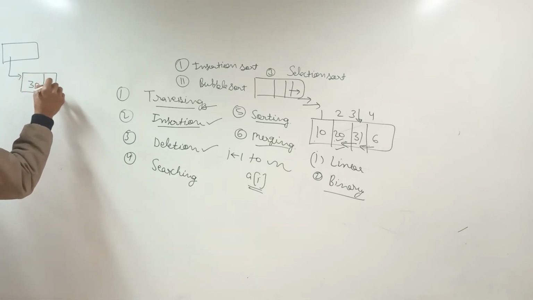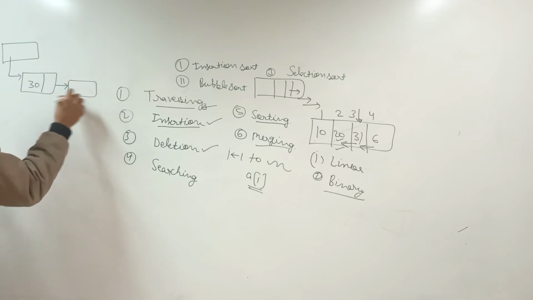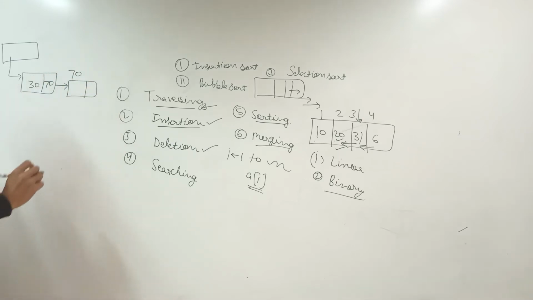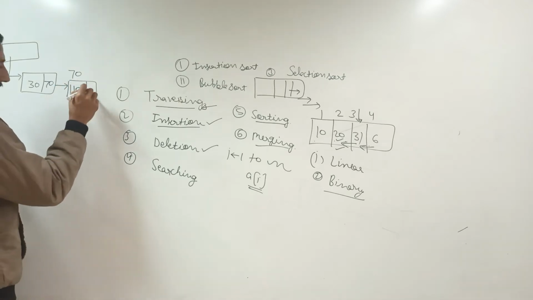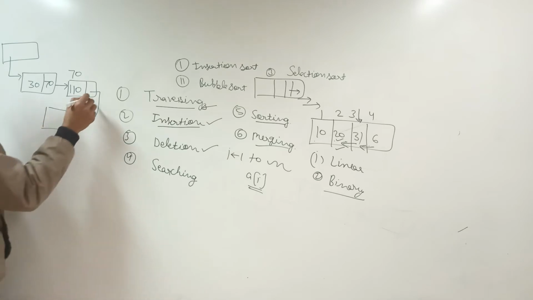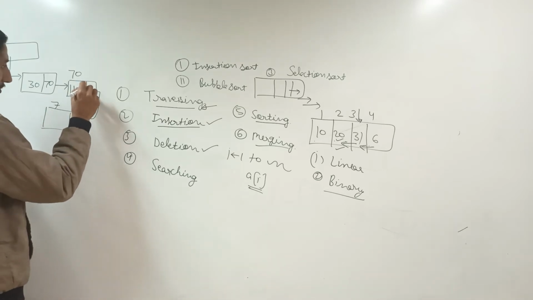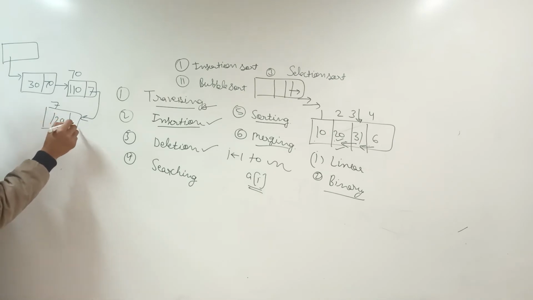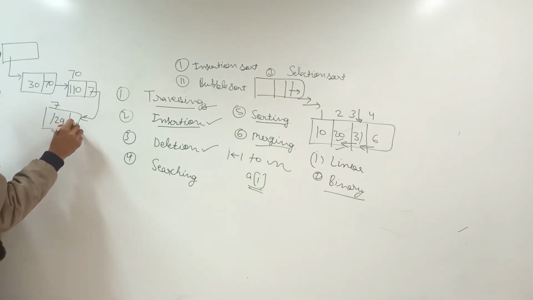It contains the address of the second node like this. Let's say the address is 70, so I will put 70 here. Let me take the data. Let me take the third node like this. Let's say the address is 7, so I will put 7 here. The data is like say 129, and let's say the next is null.